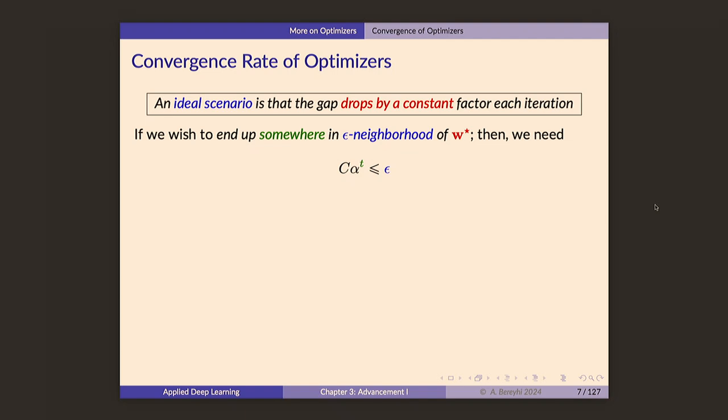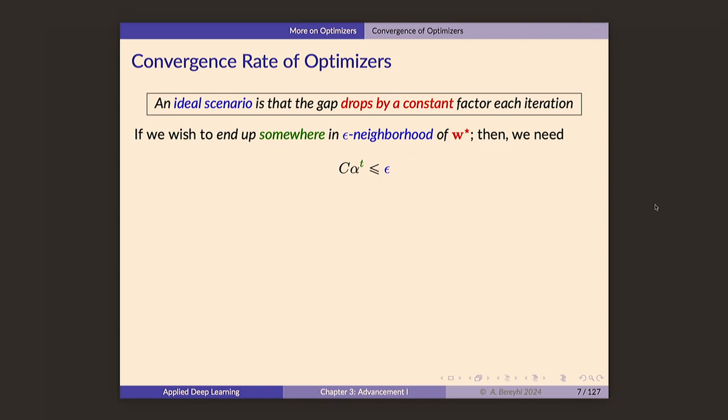My optimality gap in iteration t is the difference between r hat at w_t minus r hat at w star. And I know that this is smaller than or equal to C alpha to power t. If I make sure that this is smaller than epsilon, then I make sure that the gap is also smaller than epsilon.